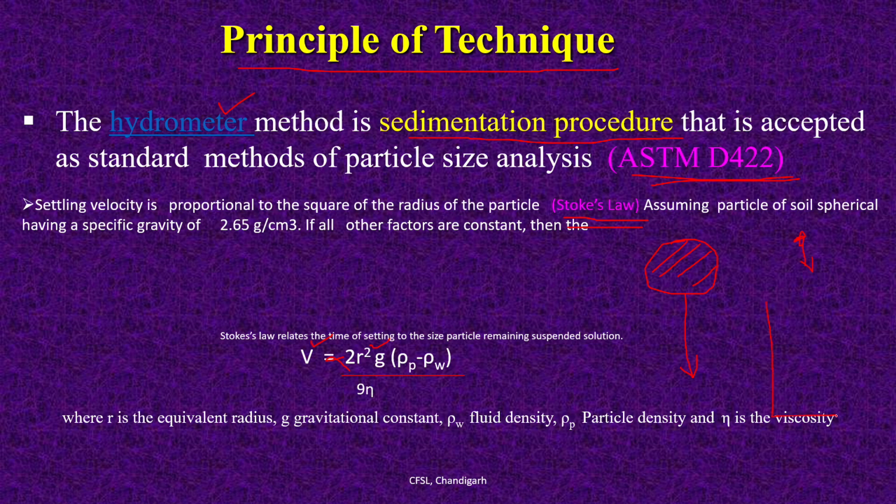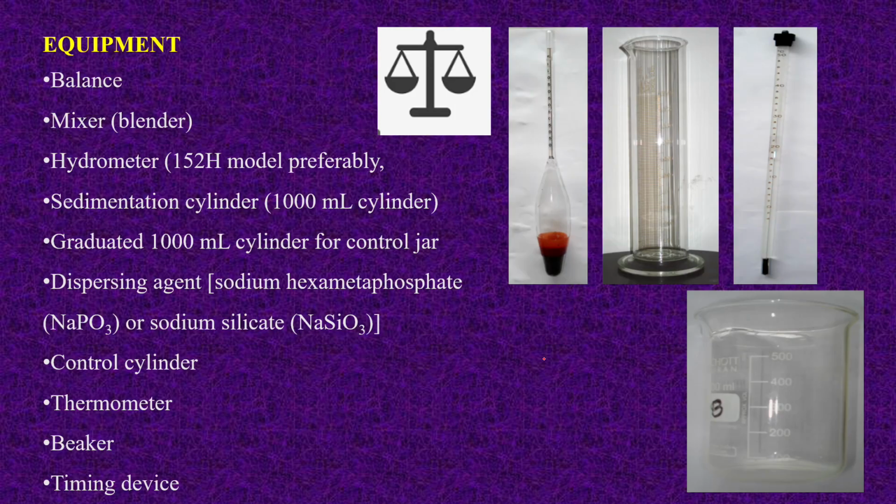When we talk about settlement, the sand settles first, and the silt and clay settle later, because the particle radius of sand is greater and the particle radius of silt and clay is smaller. So this is the principle.